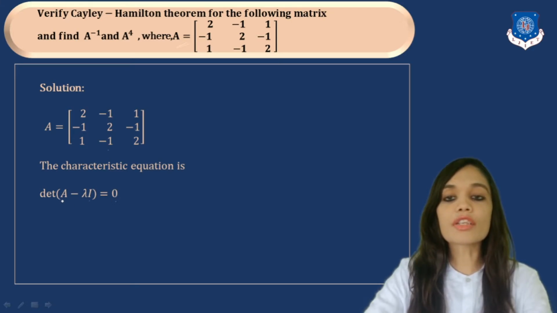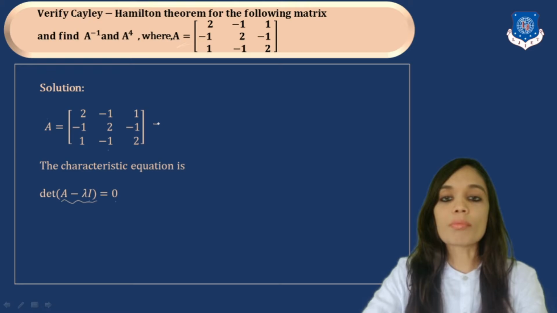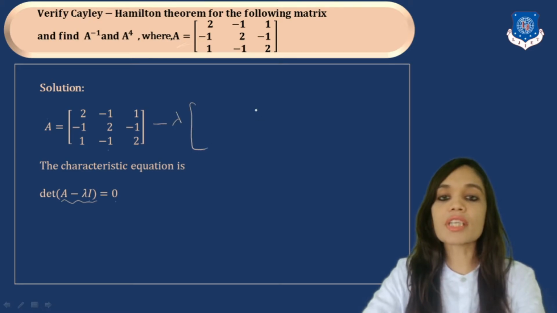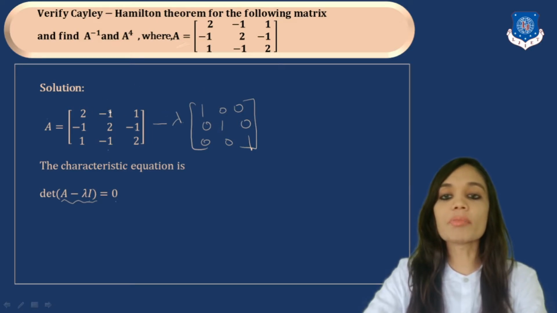Firstly we need to find A minus lambda I. That is, we have to subtract lambda I from our matrix A. So lambda times I is lambda times [1 0 0; 0 1 0; 0 0 1]. On subtracting, there will be a change only in the principal diagonal elements.